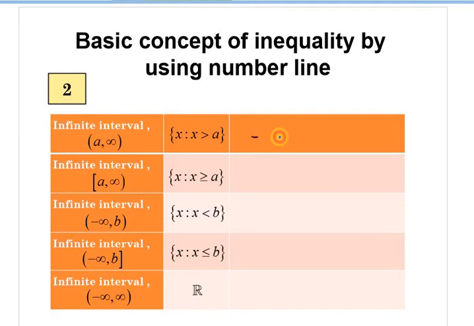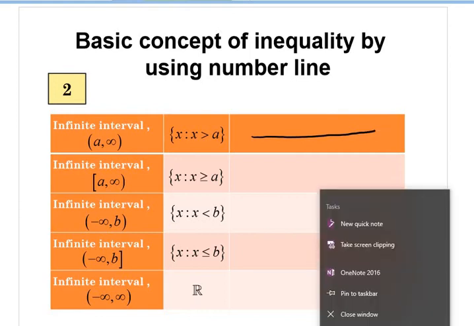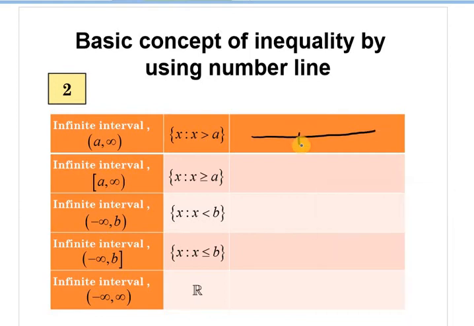First draw the number line, because we have only a point here. We consider this as A. Here A is not included, right? So we just draw an empty circle on A. Since it's greater than, it will go straight to the right to infinity.